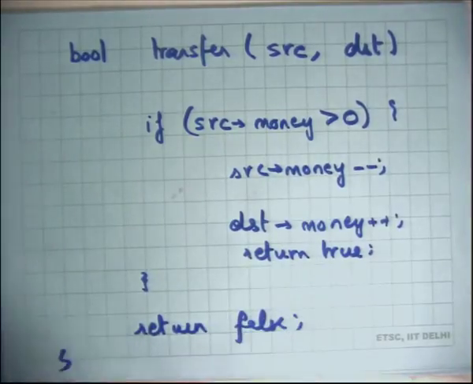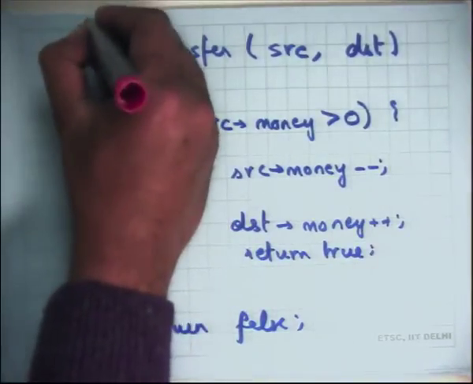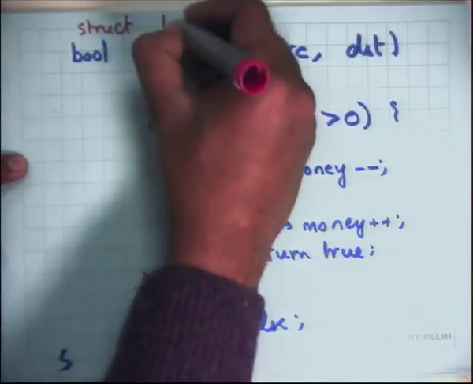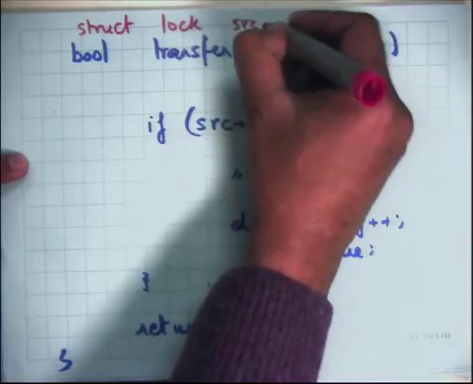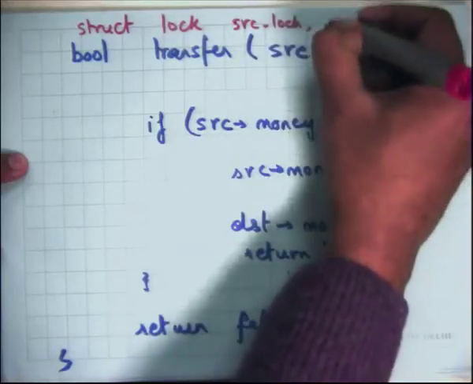Okay, let's say I rewrite this code, and I have two locks now: struct lock source_lock and destination_lock.